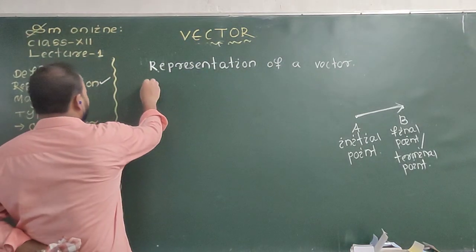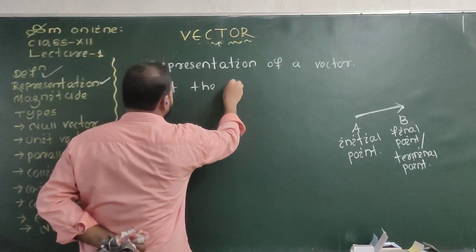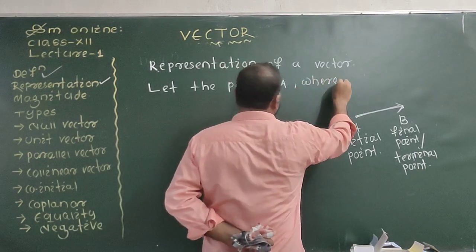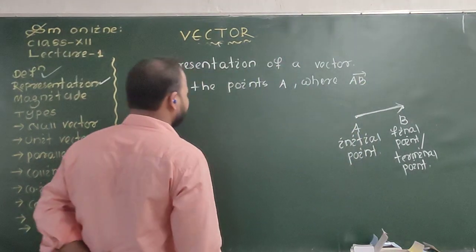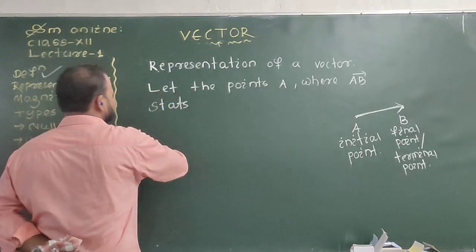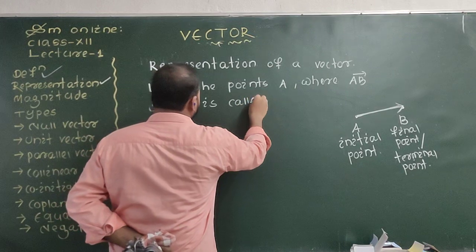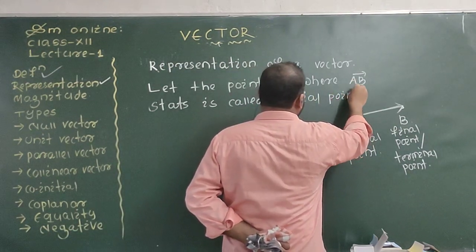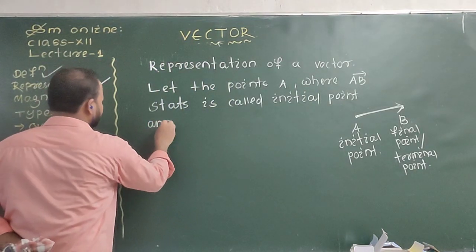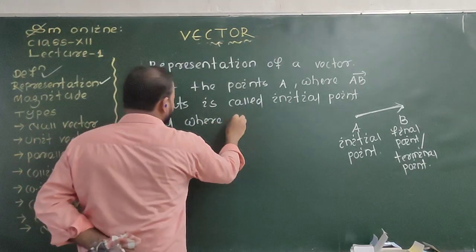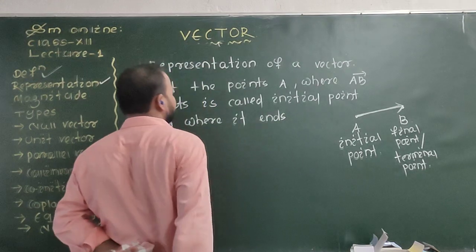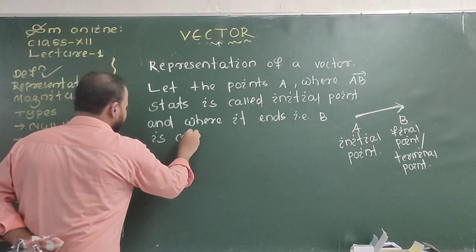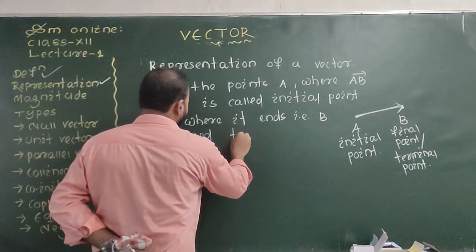Let the points be A and B, where the AB vector starts is called the initial point, and where it ends, that is B, is called the final point or terminal point.